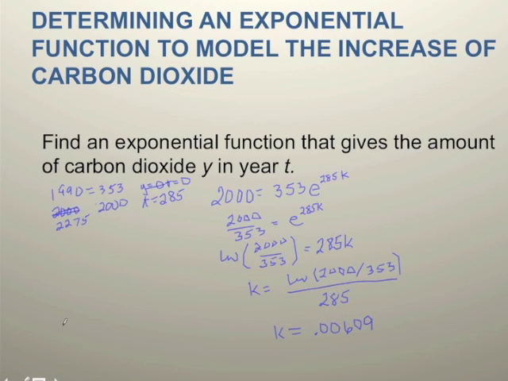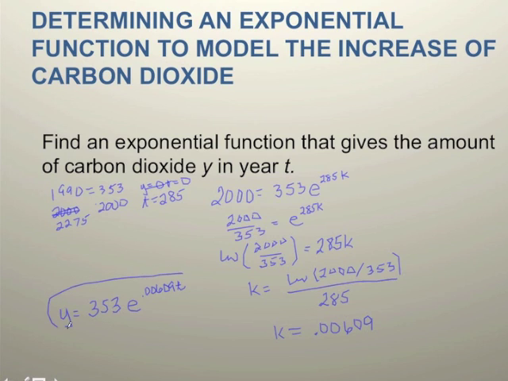So my equation turns out to be y equals my amount in year 0 of 353 e to the 0.00609 t.